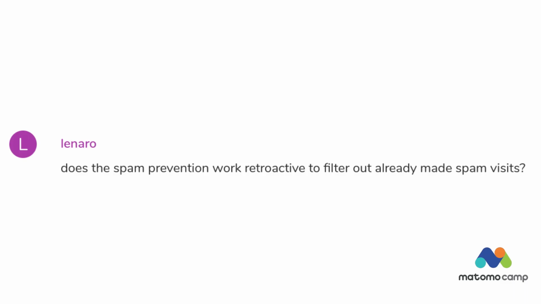If you do have very specific spam tracking requests, the best way to get rid of that data is to use the GDPR tools available within Matomo. That can be especially useful if, for example, all of the tracking requests came from a certain IP address, or from a certain country, or tracked certain specific things in your Matomo instance. You can use those GDPR tools to very quickly and easily delete all of that data.